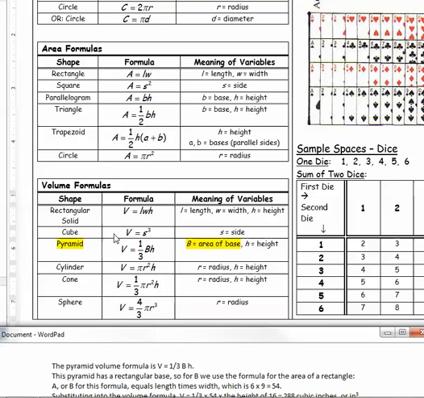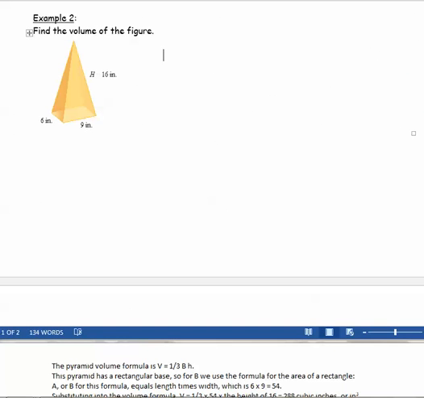The pyramid volume formula is V equals 1/3 times capital B times H. This particular pyramid has a rectangular base. So for our capital B, we use the formula for this shape, which is the area of a rectangle.